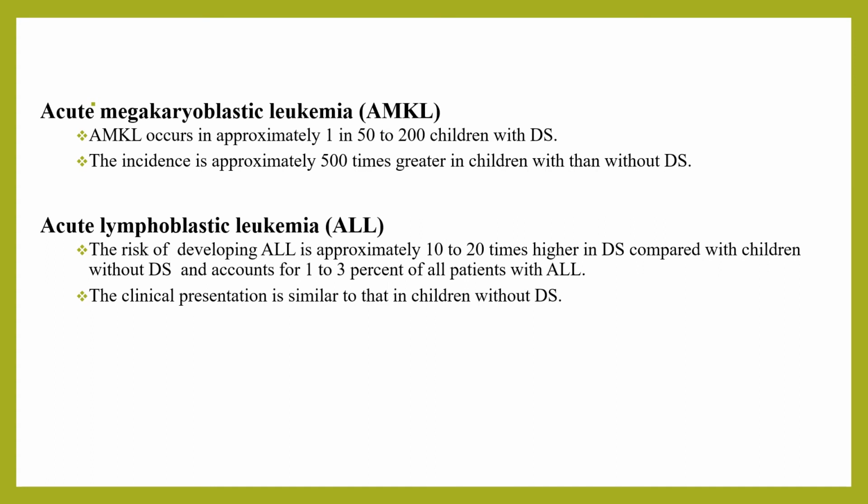without Down syndrome. Many affected patients with acute megakaryoblastic leukemia, around 70%, present with myelodysplastic syndrome, consisting of progressive thrombocytopenia followed by anemia. Some also develop hepatomegaly and also liver failure due to fibrosis.